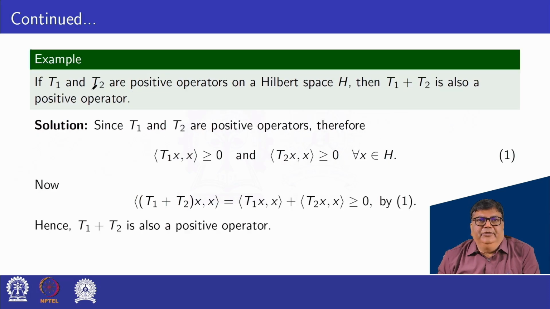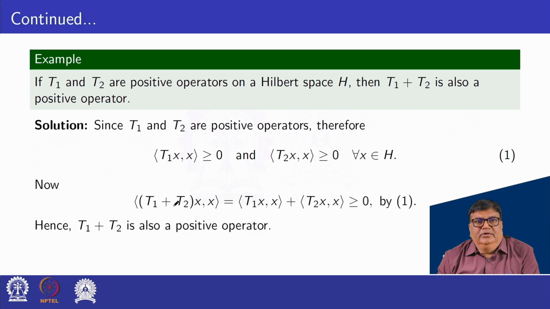Example: if T1 and T2 are positive operators on a Hilbert space H, then T1 plus T2 is also a positive operator. This is an example of positive operators. Since T1 and T2 are positive operators, the inner product of T1x, x is greater or equal to 0. Also, the inner product of T2x, x is greater or equal to 0.